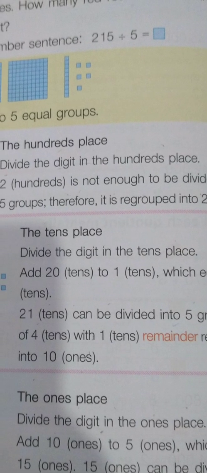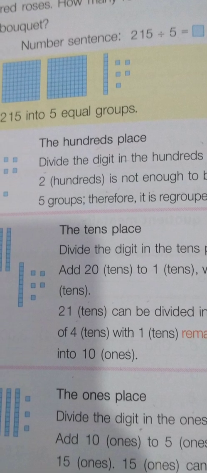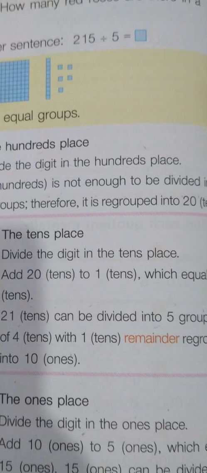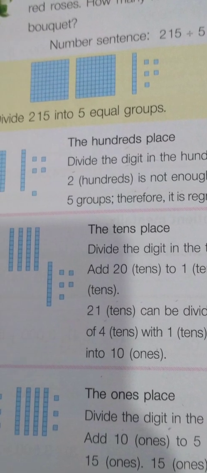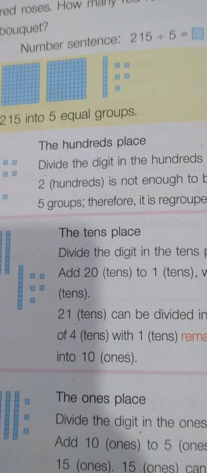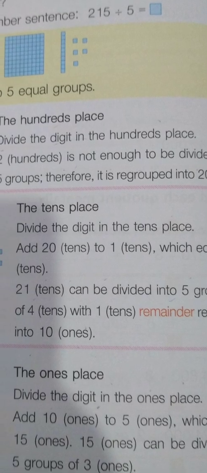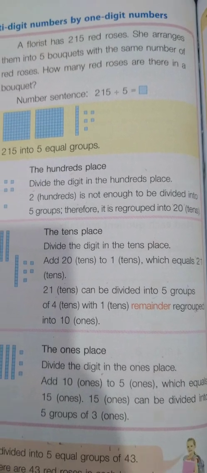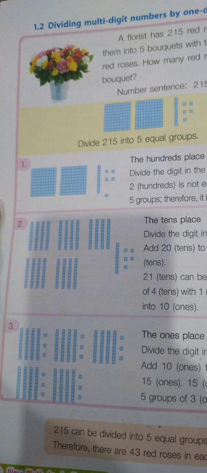Add 20 tens to 1 tens, which equals 21 tens. 21 tens can be divided into 5 groups of 4 tens, with 1 tens remainder regrouped into 10 ones.